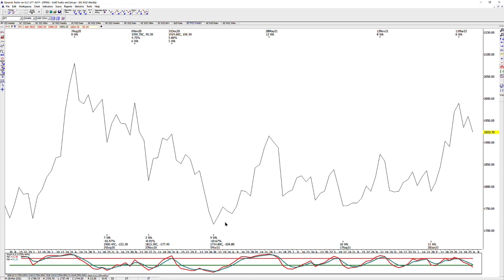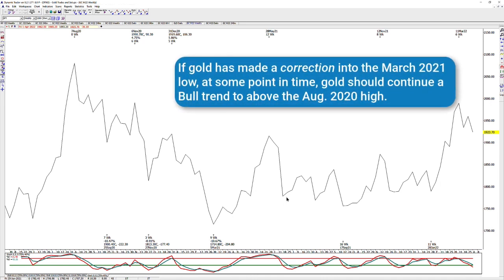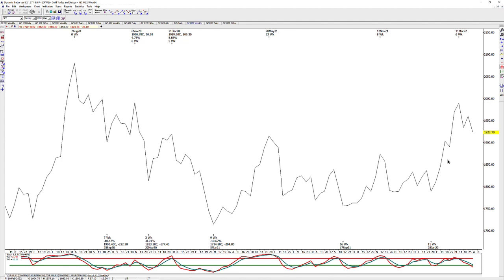If that's a correction, at some point in time, gold would continue to advance to above this August high. Now, it's been essentially sideways, a little bit of a net gain over the past year, but no real impulsive bull trend. But it hasn't voided yet that this is, again, a corrective decline.